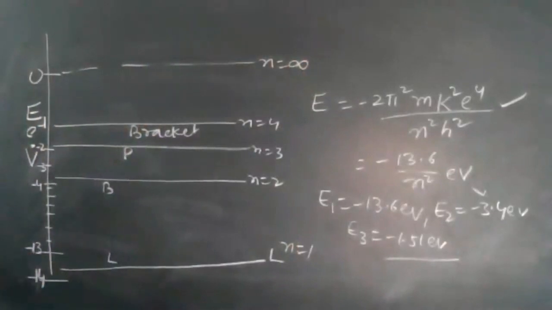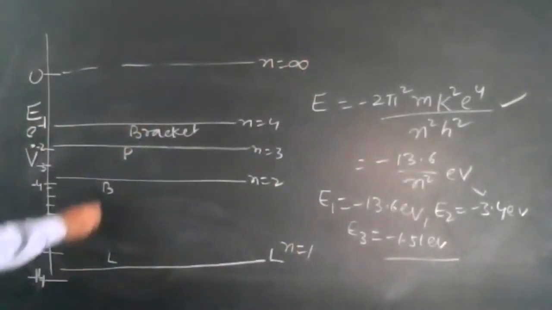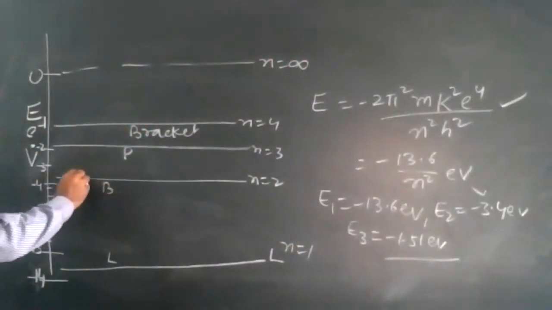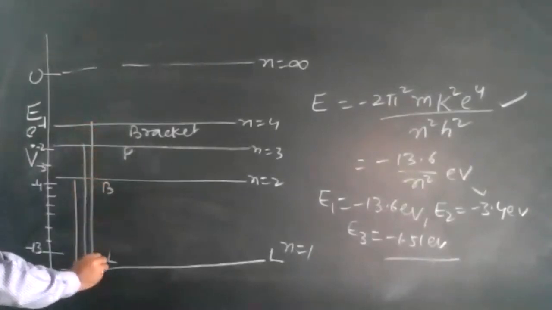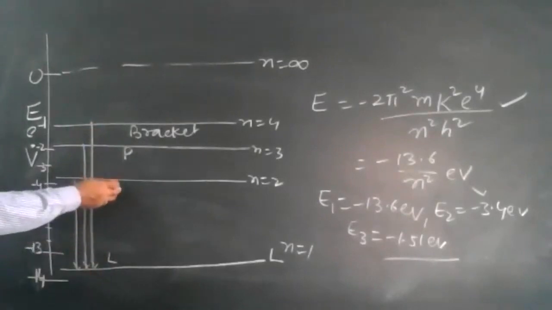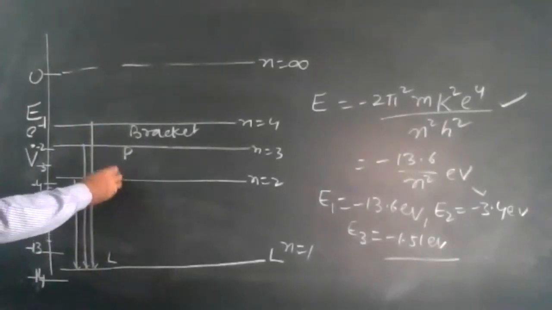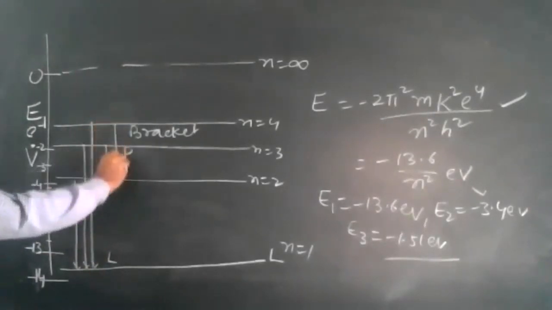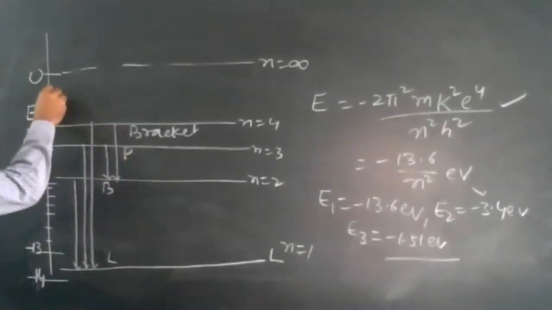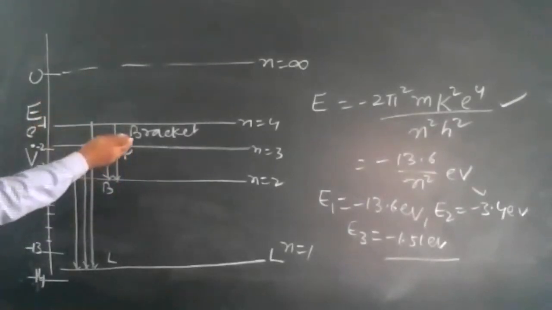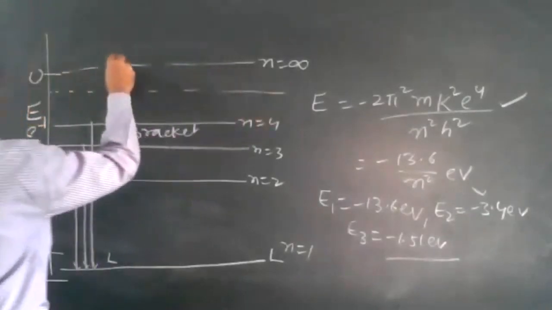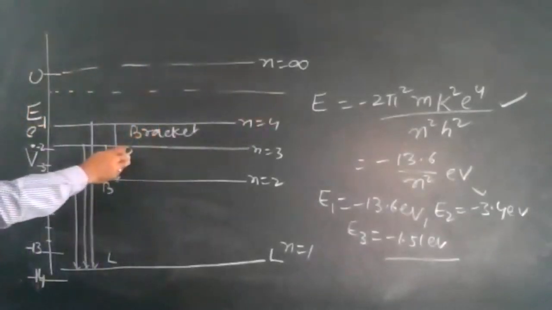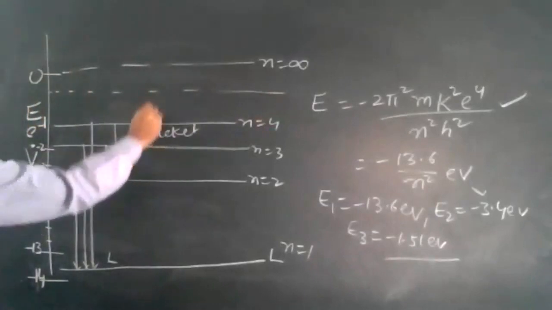Then in the Lyman series, the electron jumps from second to first, third to first, fourth to first like this. Similarly in the Balmer series, it comes down like this, in this manner. For the Brackett series, again you can draw in this manner.